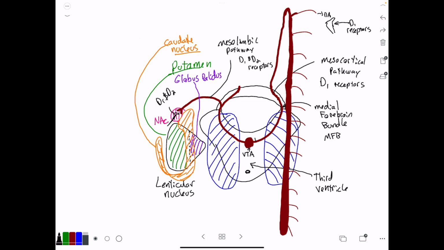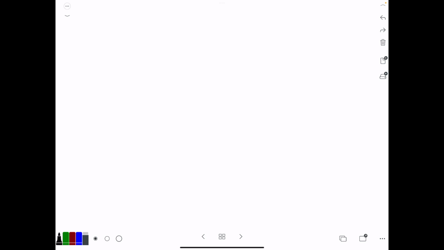Okay, so now that we have that out of the way, let's talk about conceptually the reward pathway or system, the reward system of the brain, right? And this is composed of the mesolimbic and mesocortical pathways.